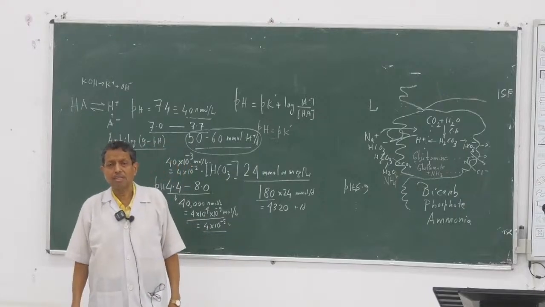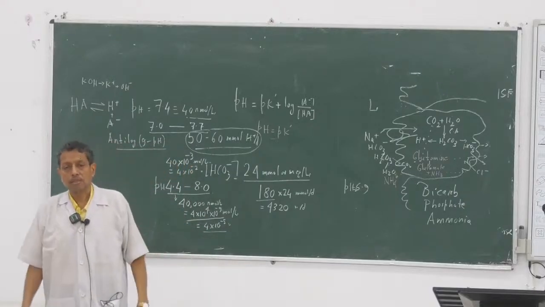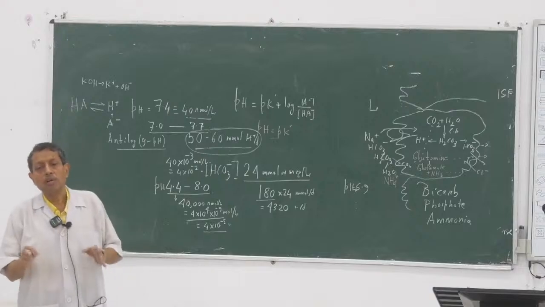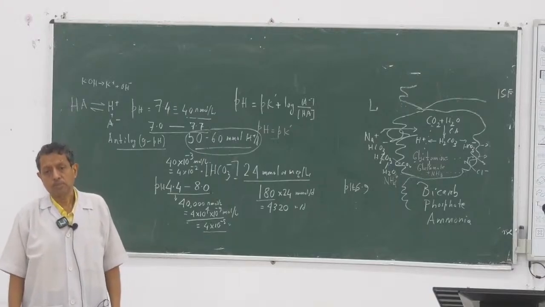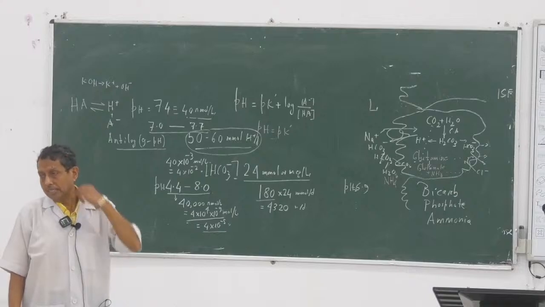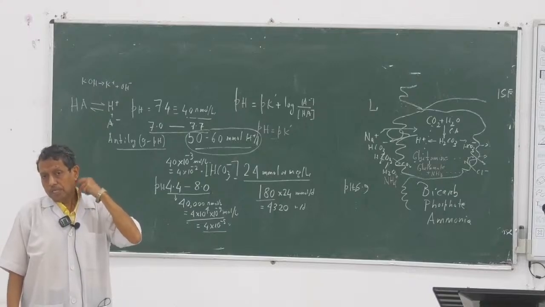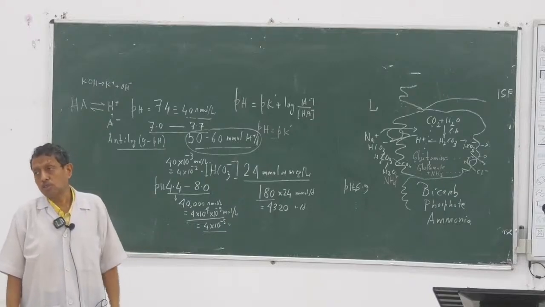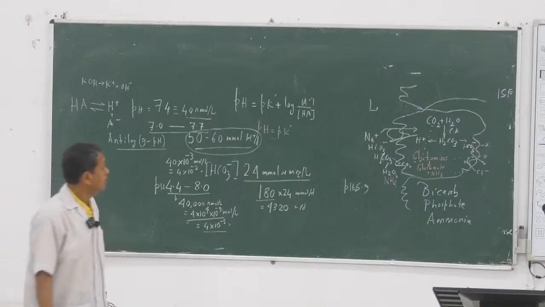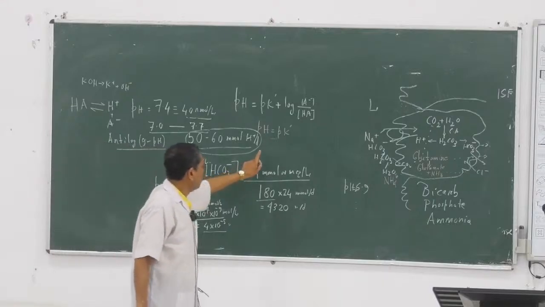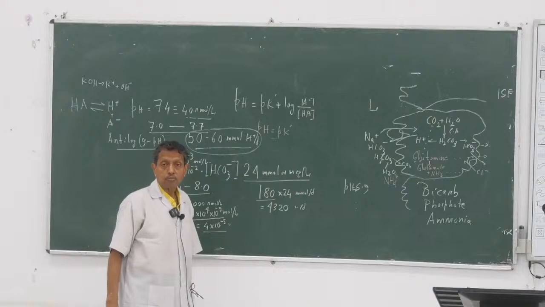The true dissociation constant requires complete non-interaction between the ions, and that is a theoretical concept. But in practice, the pK prime, the apparent dissociation constant, is constant. And the buffer system is maximally effective when the pH of the surrounding is equal to that value.